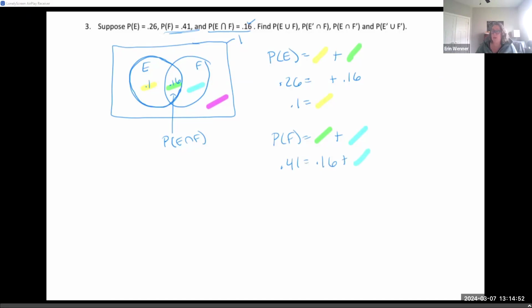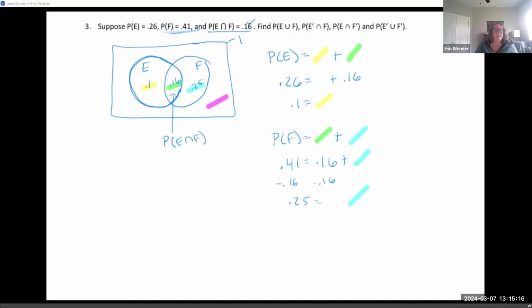So again, we're going to subtract from both sides, and we end up with 0.25 is equal to our blue space. So going up to our drawing, we can put in 0.25 here.